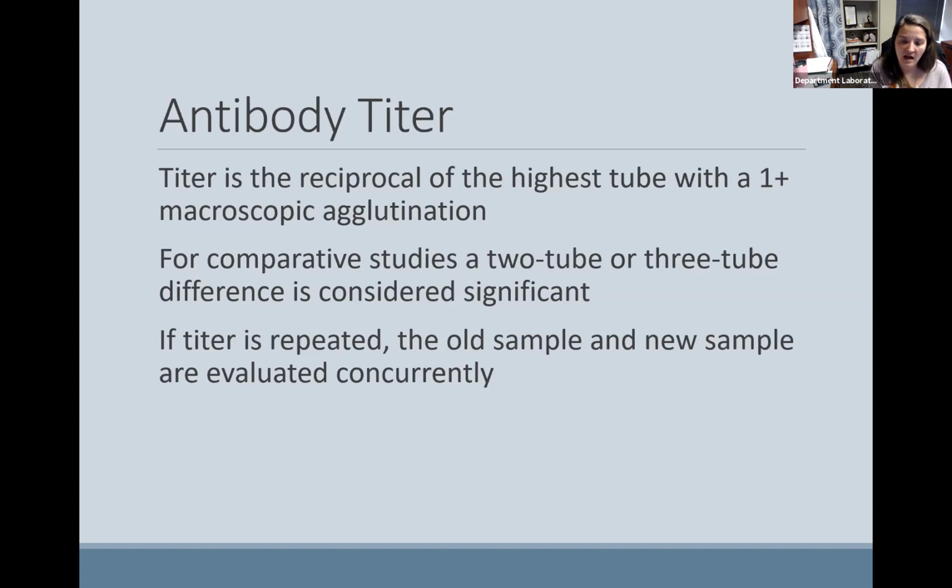So let's say 3 weeks ago, we had a pregnant female who had anti-D in her plasma, titered at 1:16, okay? So now she presents again to her OBGYN. Now her titer is 1:64. That is a greater than 2-tube increase. So that is considered clinically significant.